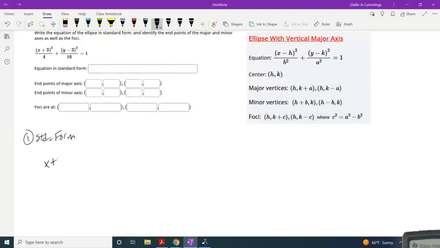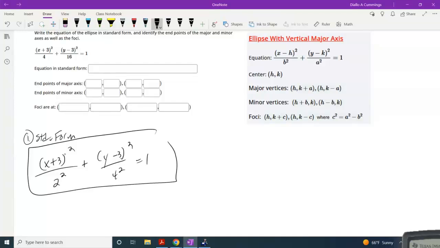So this is x plus 3 quantity squared over 2 squared plus y minus 3 quantity squared over 16 over 4 squared is equal to 1. So this is our standard form.